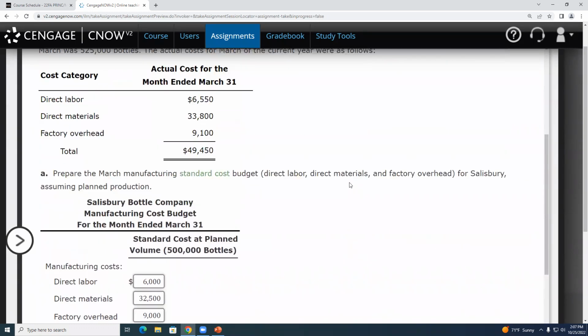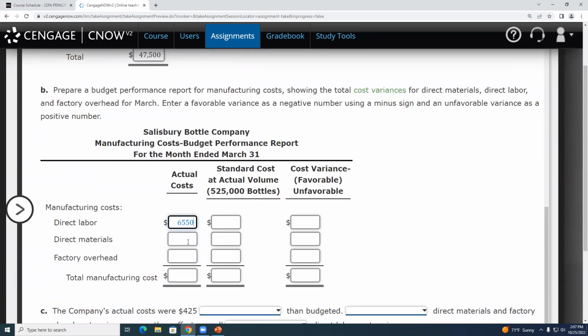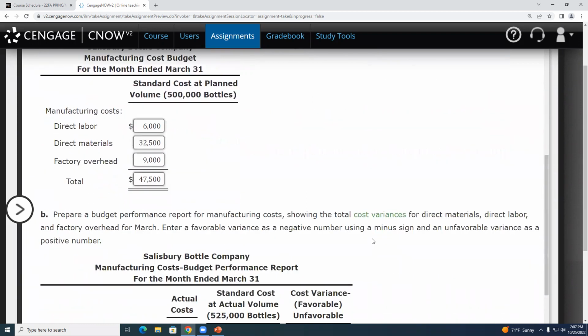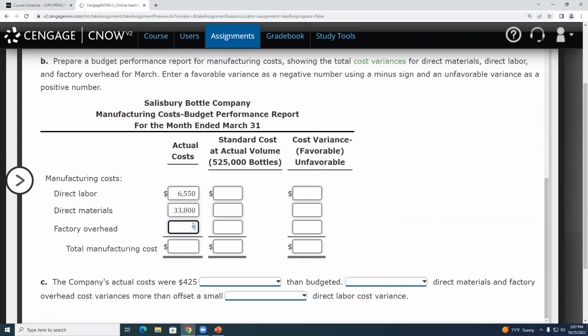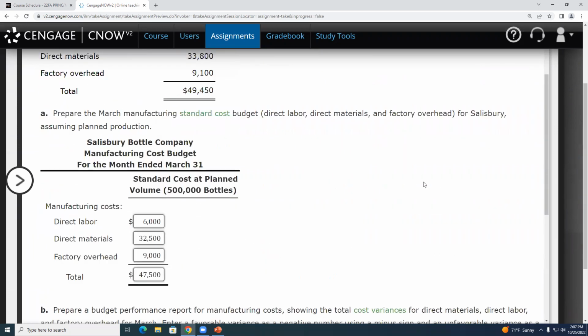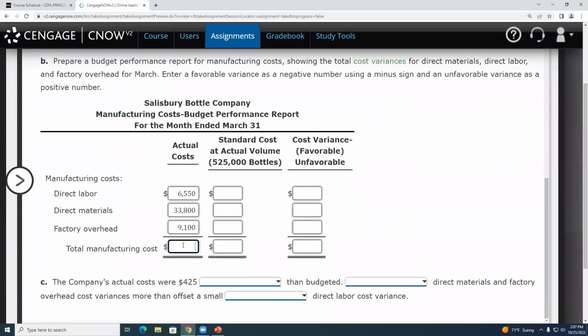So our actual costs are given. We're just going to pull those dollar amounts from right here. The actual costs for the month ended March 31st. And so our actual costs were $49,450.